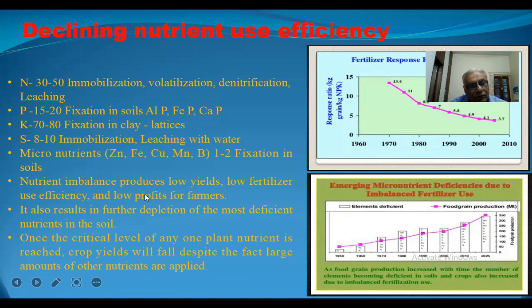So we have to increase the nutrient use efficiency. It also results in further depletion of the most deficient nutrient in soil. Once the critical level of any plant nutrient is reached, the crop will fail despite the fact that large amounts of other nutrients are applied.